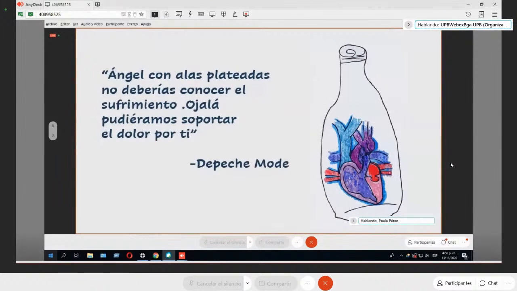So of course, what parents will try to do is to take the heart with a ventricle that doesn't work very well, and as the Depeche Mode song says, to take this heart isolated from all the dangers in the world so that nothing happens to it.